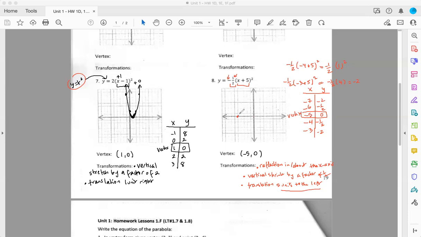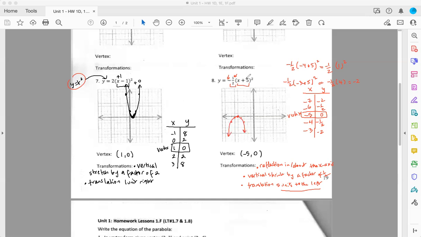And then -5, 0, -4, -1/2. 4 left, half down, about right here. And 6 left, half down, about right here. 7 left, 2 down, right here, and 3 left, 2 down, about right here. And basically, this is going to be your parabola.